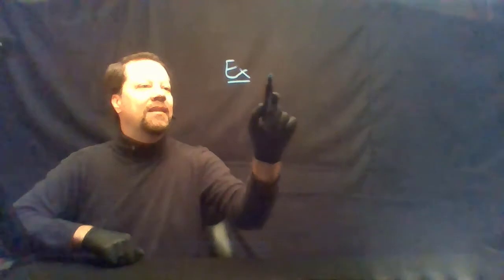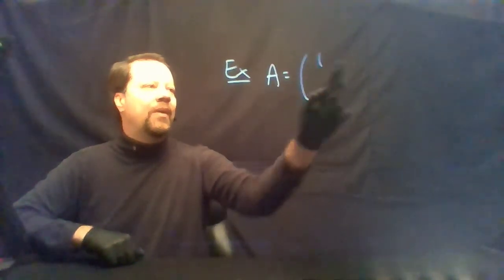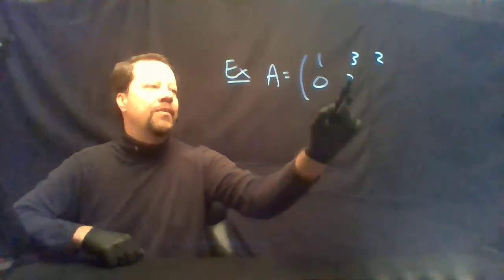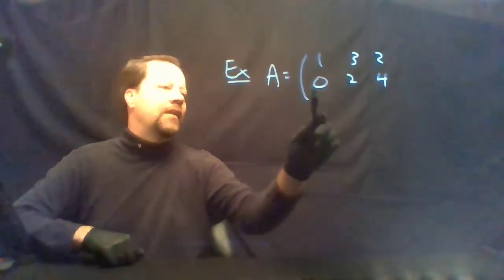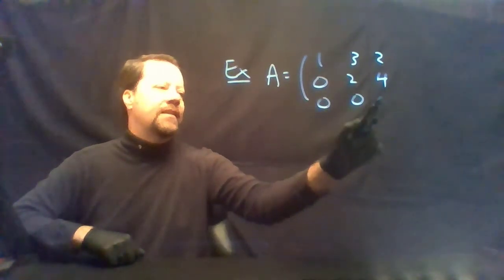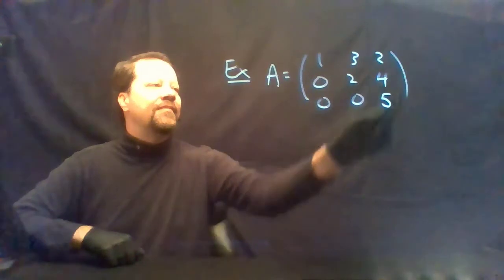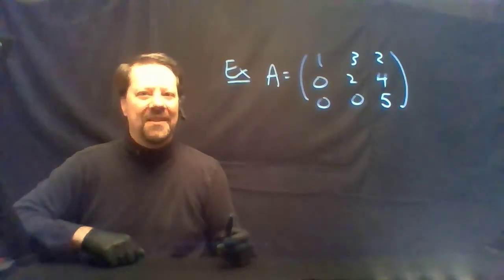You know what an upper triangular or a lower triangular matrix is. If I have, for example, A equals 1, 3, 2, 0, 2, 4, and then 0, 0, let's say 5, what is the determinant?